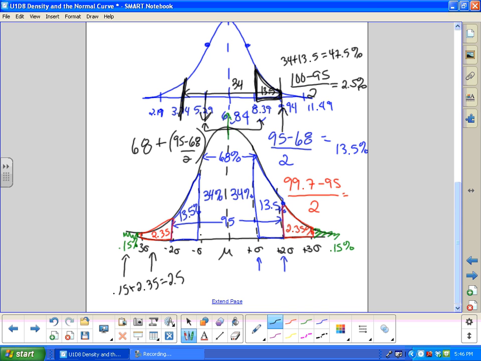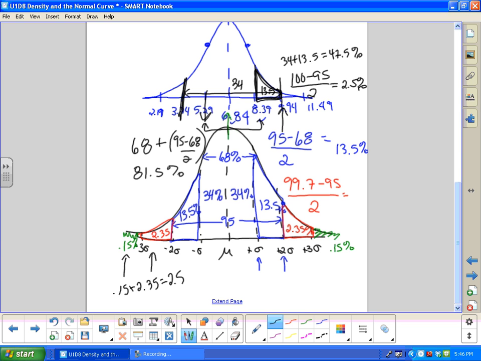So I can do 68 plus 13.5, and I would get, Lord, I can't do math in my head, 81.5%. I thought that's what it was.